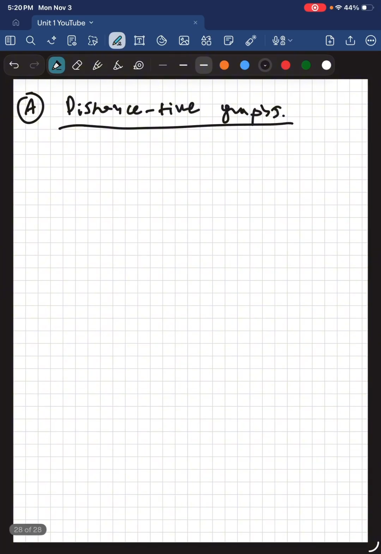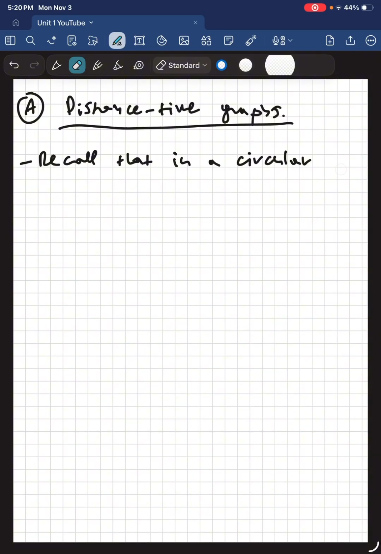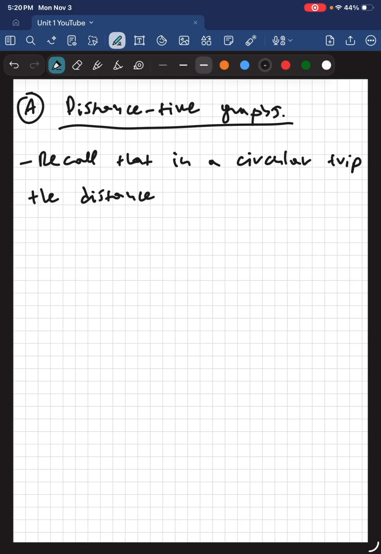So before we talk about them, recall that in a circular trip, the distance increases, whereas the displacement is 0.